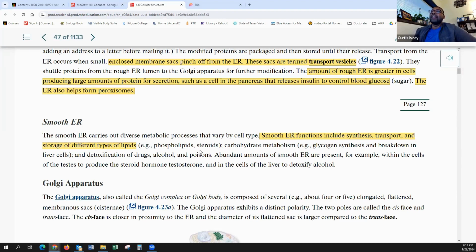Abundant amounts of smooth ER are present in the testes that make your testosterone. Also, it's really abundant in your liver, which is responsible for breaking down your alcohol. Unfortunately, our bodies are only capable of breaking down about 2 ounces of alcohol per hour.